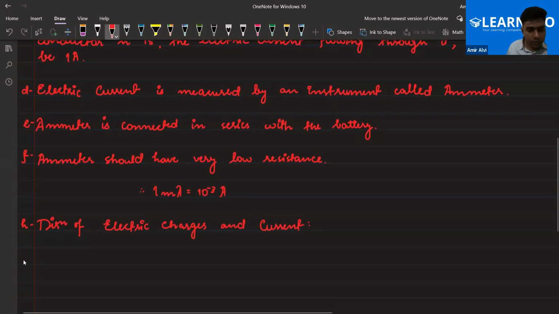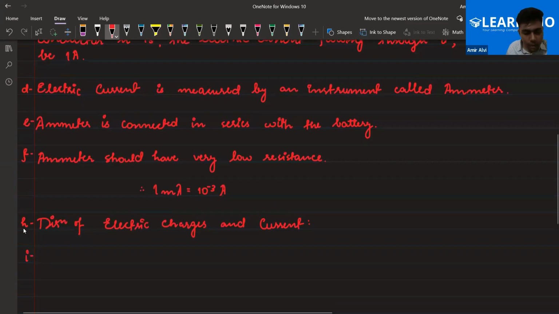Now let me write it over here. That is the first point. What's the first word? Direction. DIR is the short form of direction. You can use it in notes, but not in the exam.